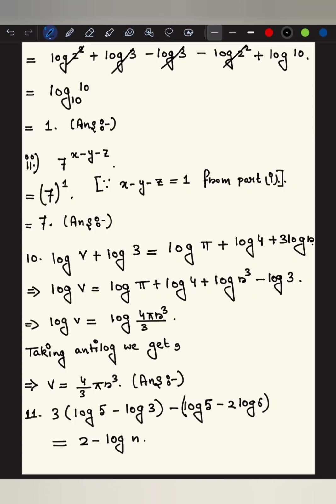Understood? Now let's come to question number 10. Here we are given the expression log v plus log 3 is equal to log pi plus log 4 plus 3 log r.